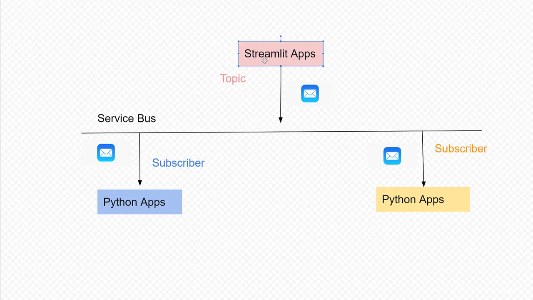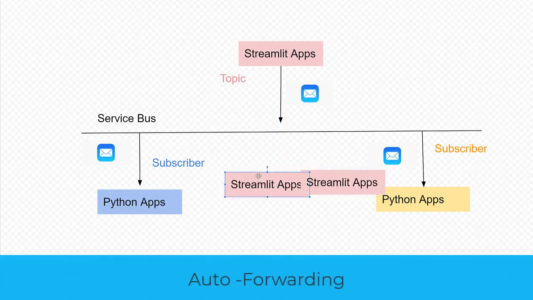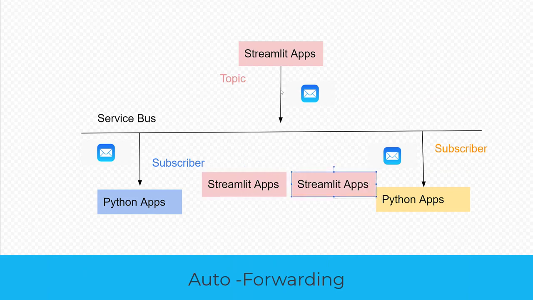Second, this topic can fan out to multiple different topics. So one scenario is that you can take this and have a bunch of subscribers which are themselves topics, right? So you can fan out like this. You can fan out a message to different subscribers.